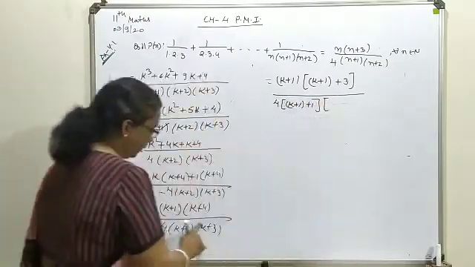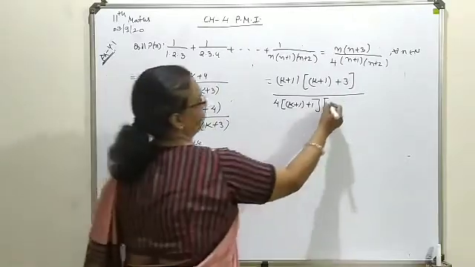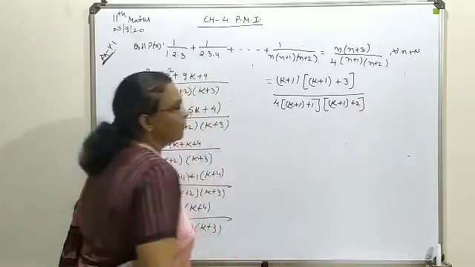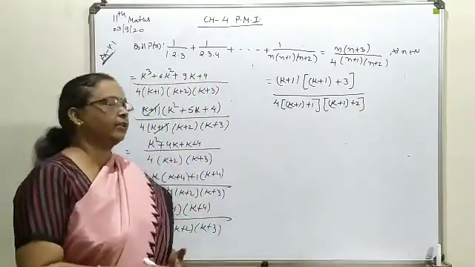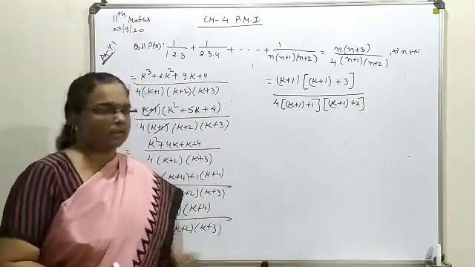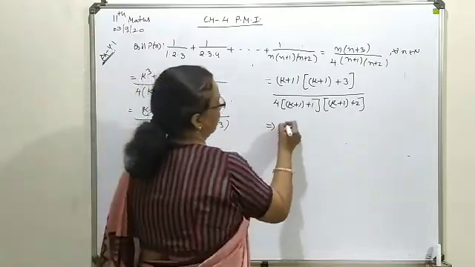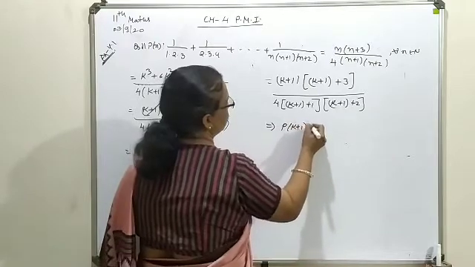Last one, k plus 1 plus 2. So here you can see everywhere we have generated k plus 1 on the right hand side. So conclusion, P(k+1) is a true statement.